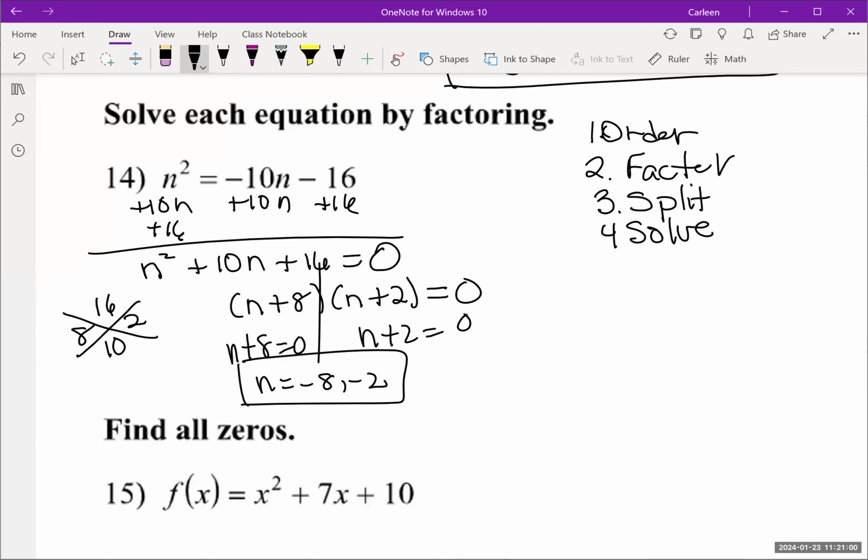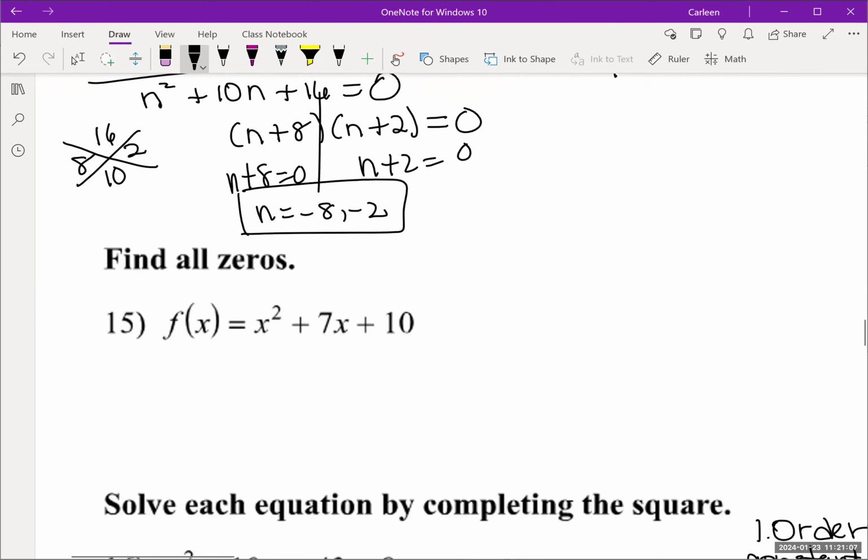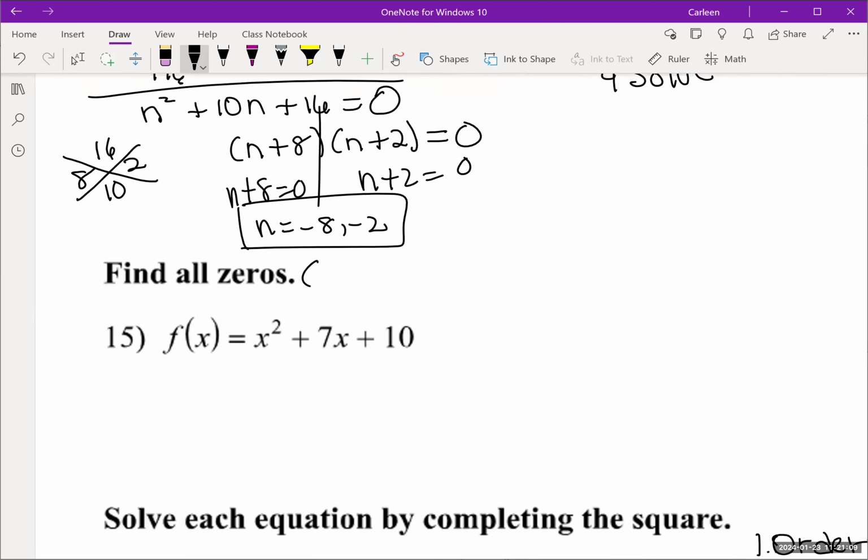Now, notice solve, you factor. Find all zeros or find all roots, you're still going to factor. So to find all zeros or find all roots, we replace the function or the y with a 0.